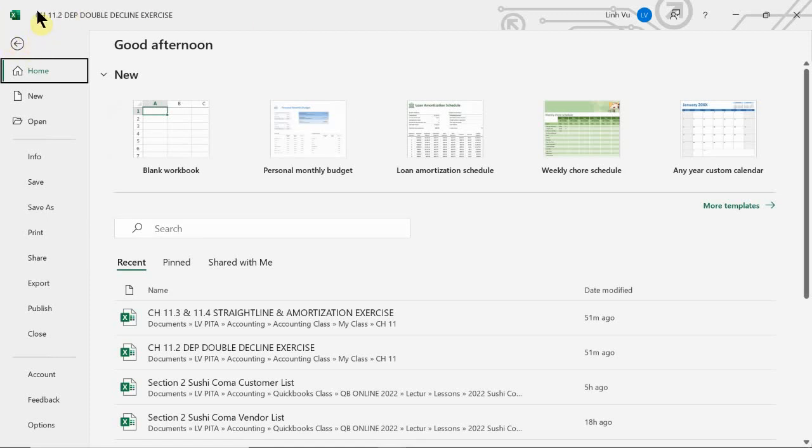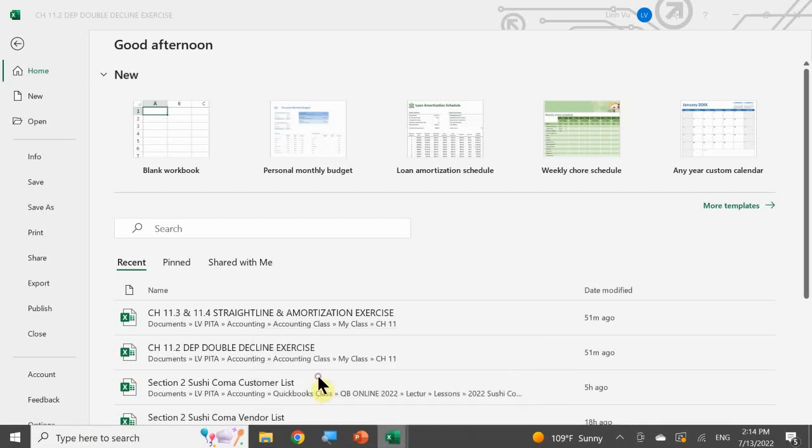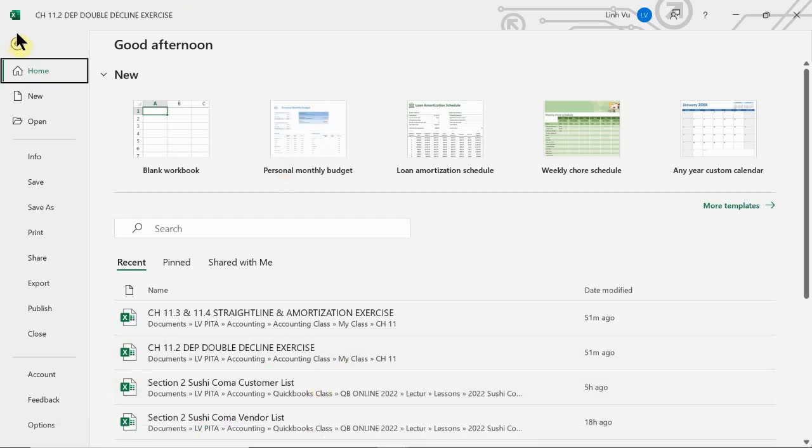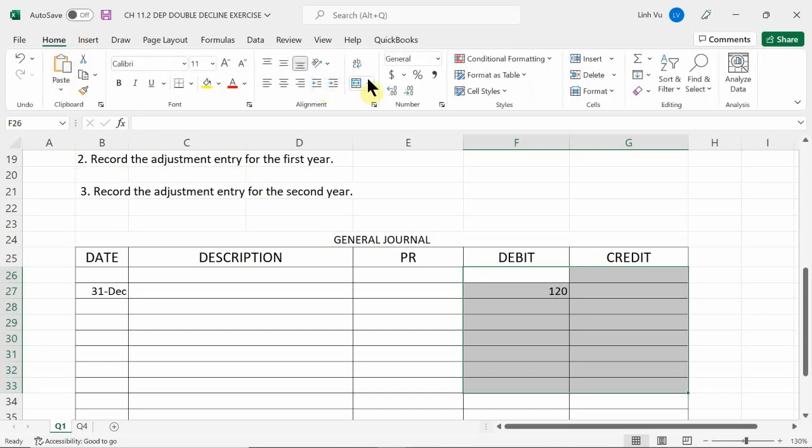Inventory. This is not inventory. Oh, the depreciation. Good. What's the key word on my table? Depreciation expense. Good.